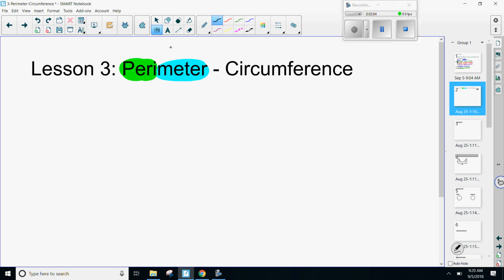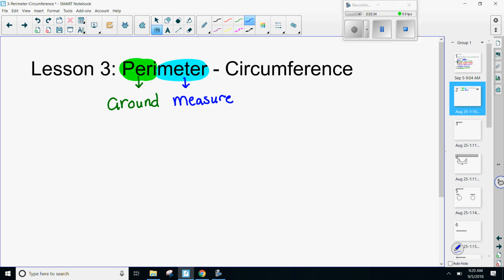If you look into the Greeks, peri, the very first part of perimeter, that prefix, is going to mean around. So we are talking about the around. Meter means measure. So it's the around measure that we have, and that's what we want to look at.